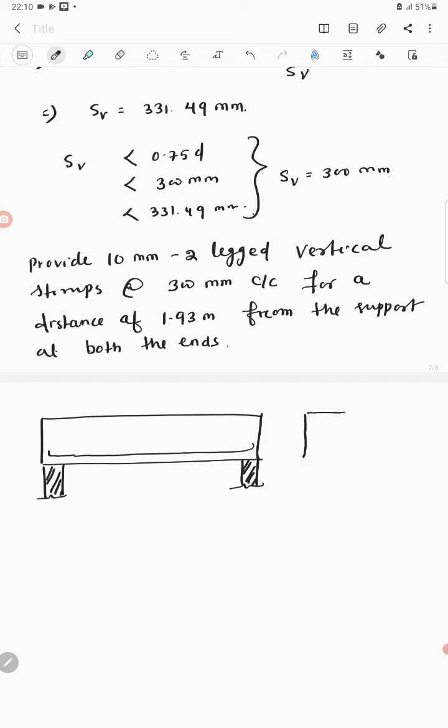If you draw the cross section, you can see 1, 2, 3, 4, 5. So this is 300, this is 900, this is 5 numbers of 25 mm dia bars.